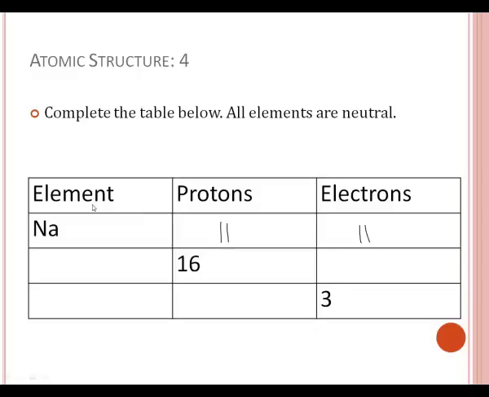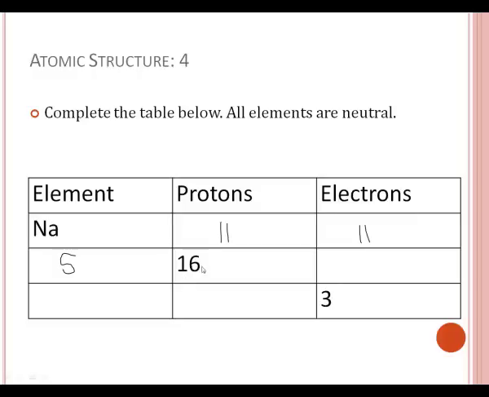In the next one, we're not given the element. Instead, we just have the number of protons. Well, again, the number of protons is equal to the atomic number. So if we look on our periodic table for atomic number 16, we see that it's sulfur, or S. Now because this is neutral, I'm going to have just as many protons as electrons.